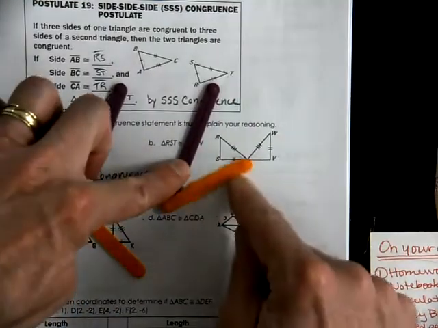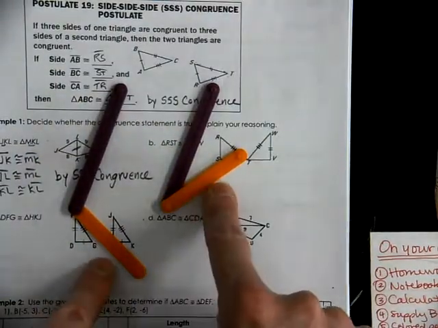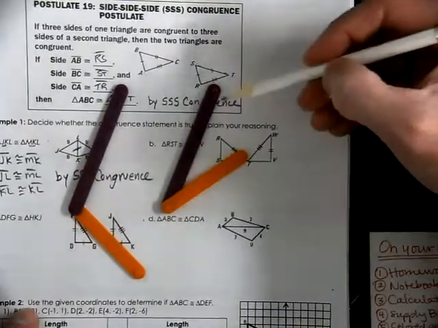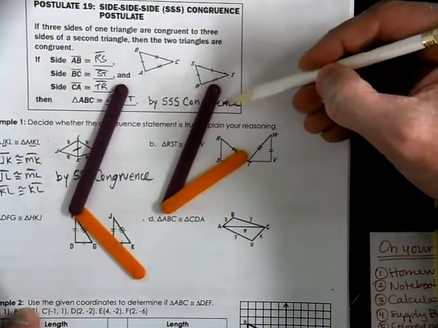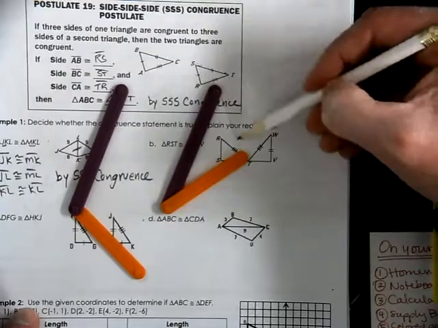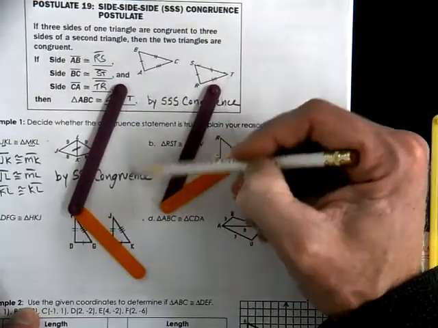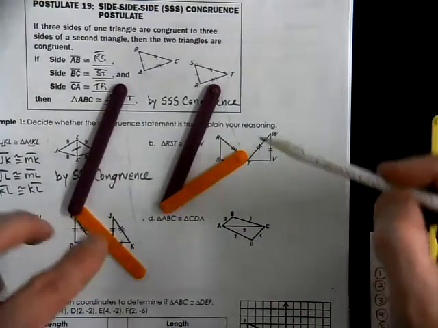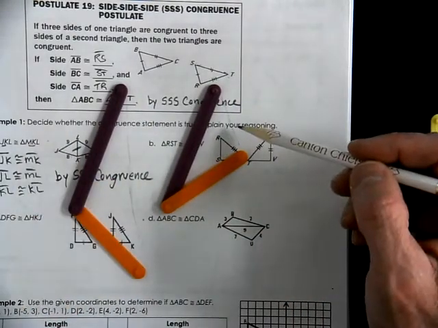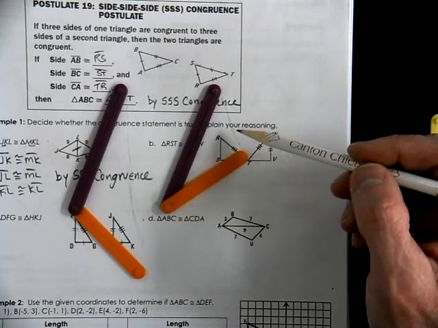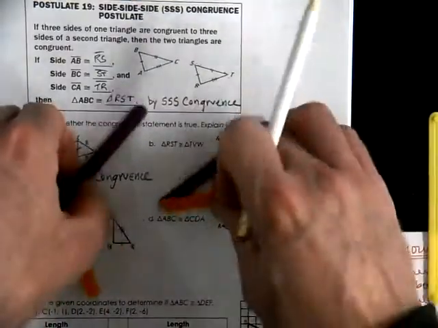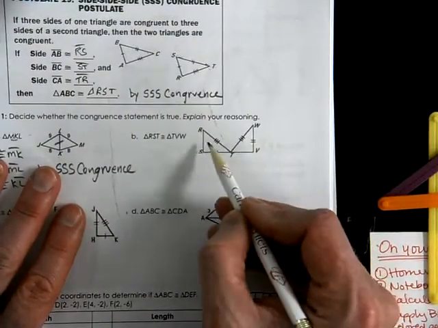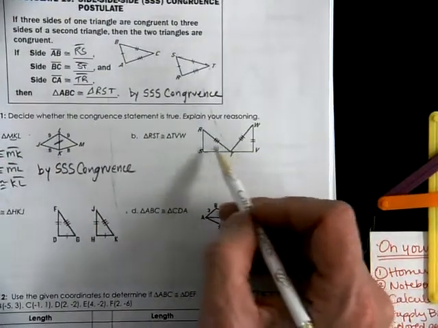just because I have an orange the same and a purple the same does not mean that my third side, which in this case is really short compared to the really long side, is the same. Just because I have two sides the same in this picture does not mean those third sides, which are not the same.